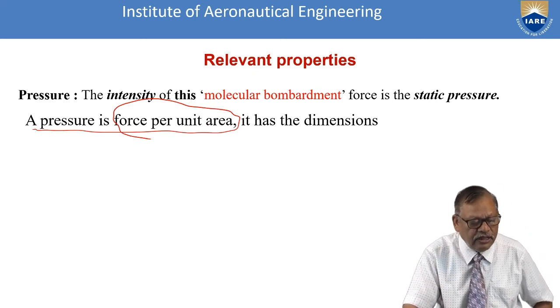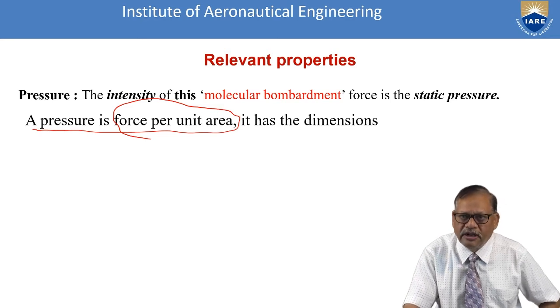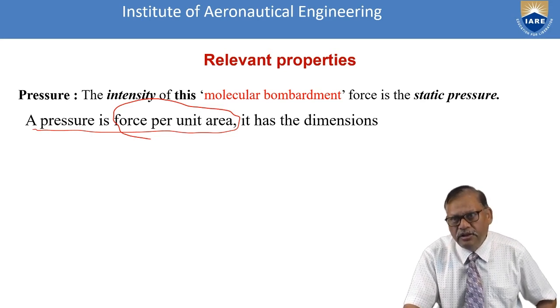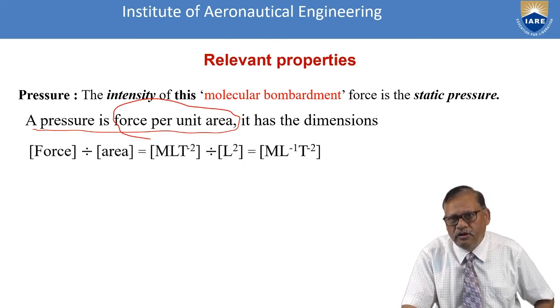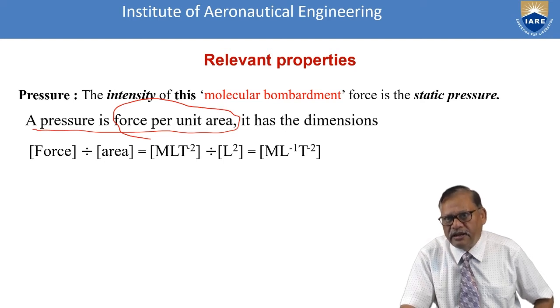What is force? Force is nothing but Newton or kgf, and area is L squared. That's what we know, right? So what will be its unit? It is force per area, that is, ML to the power minus 2 T to the power minus 2, force divided by area L squared.